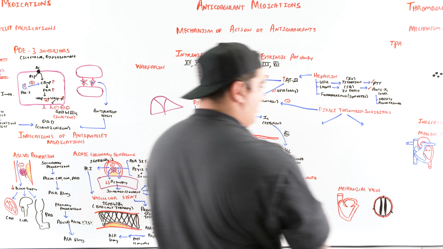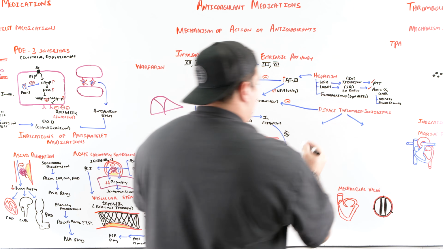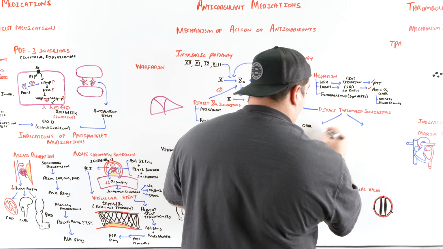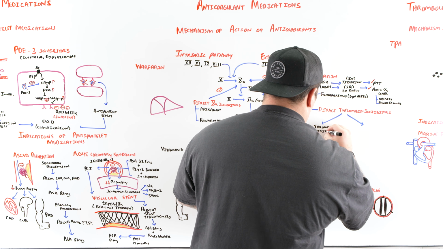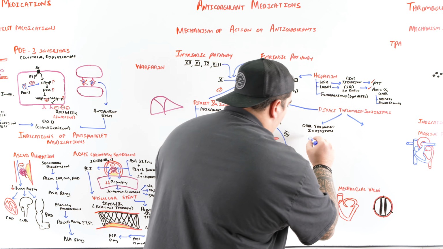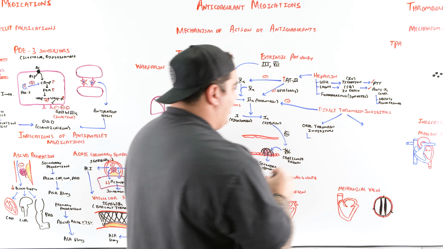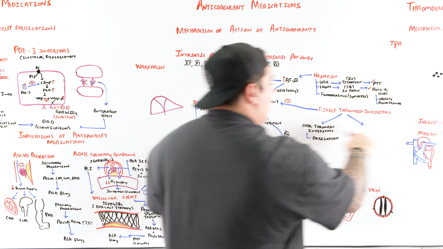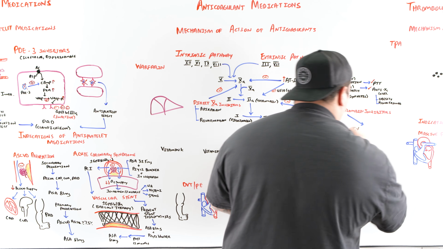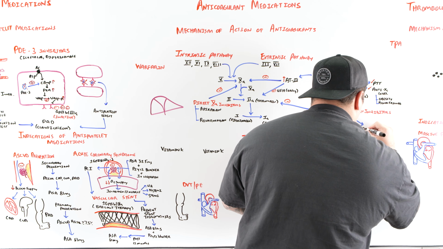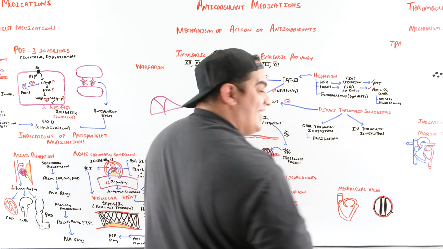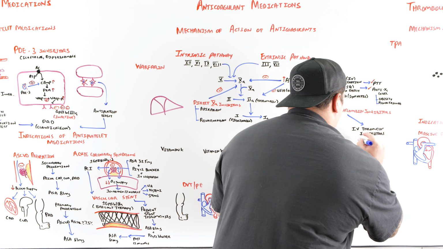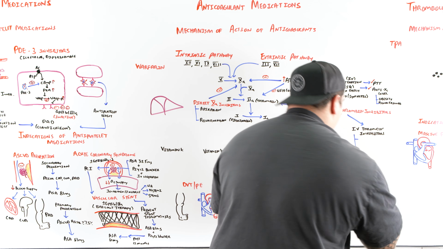One is the oral thrombin inhibitors, which is dabigatran. The other is your IV, or parenteral, thrombin inhibitors, which are argatroban and bivalirudin.